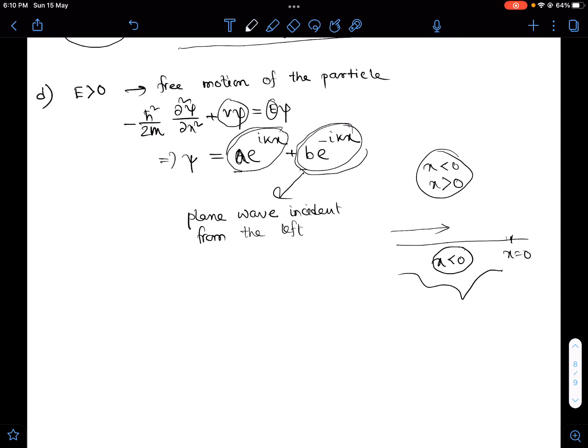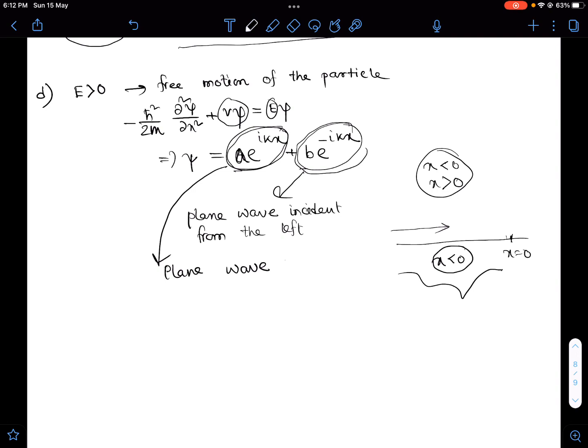And what does this term signify? This term signifies a plane wave that is reflected from x equal to 0, that is reflecting back in this region.